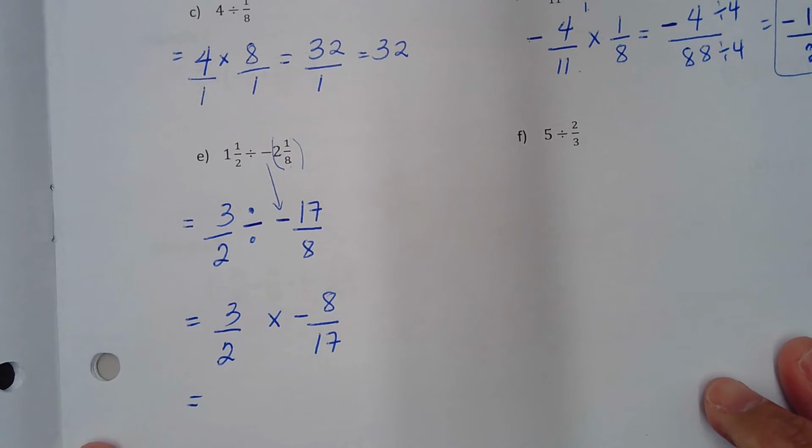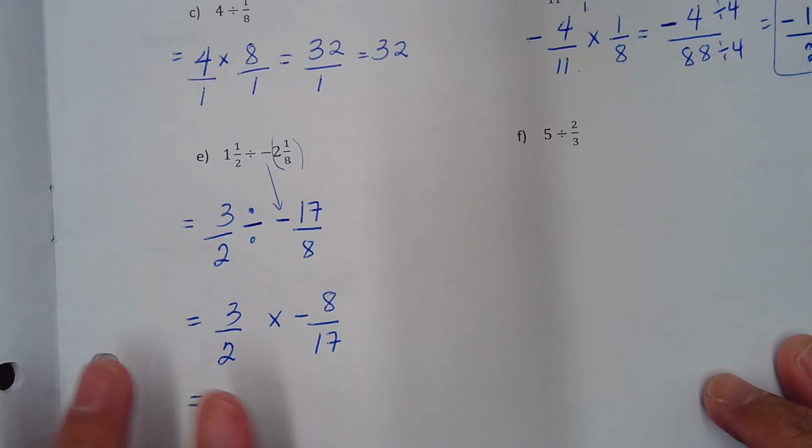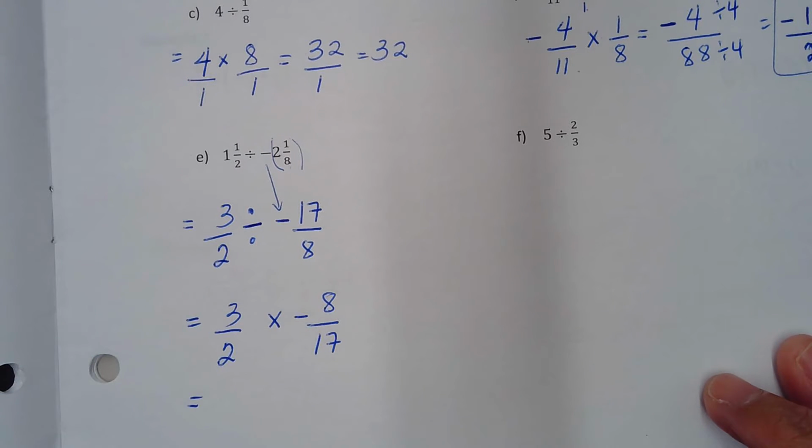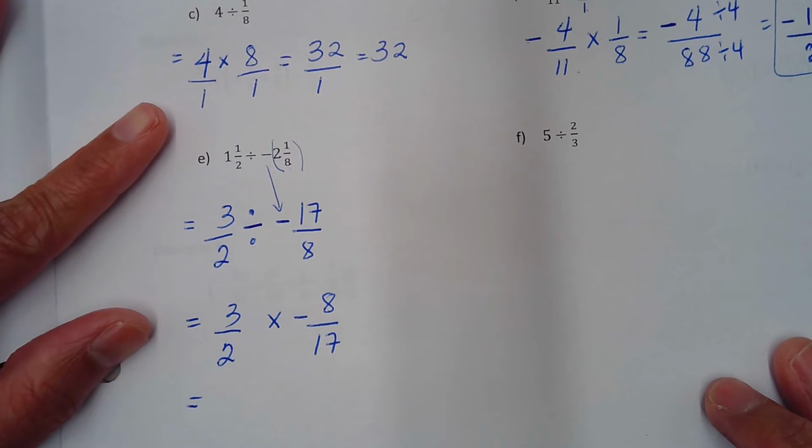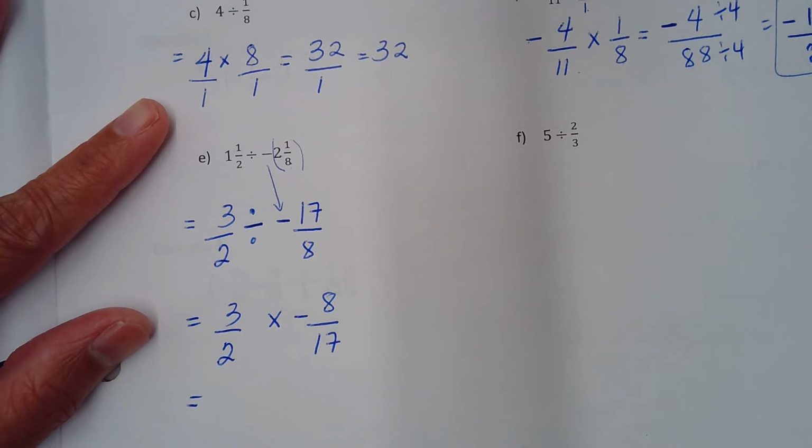Now, if you want to multiply it now, go ahead and do that, and then you gotta reduce later. Another possibility is reduce now, multiply later. Okay, so which one do you want to do? Okay. Multiply.